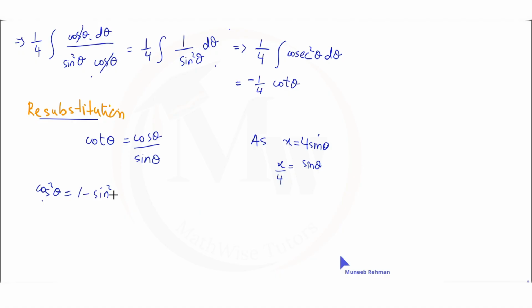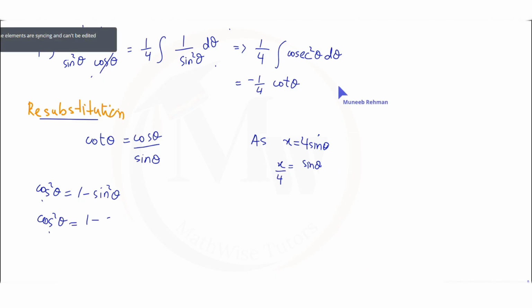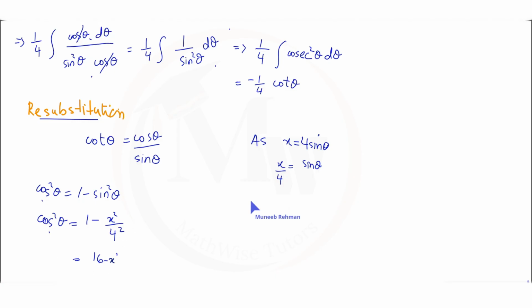As we have the sine theta value, just plug it in, and we need to find the cos square theta value. So cos square theta is 1 minus sine square, which is x square over 4 square. Now take the LCM. 4 square is 16, so it will be 16 minus x square over 16.